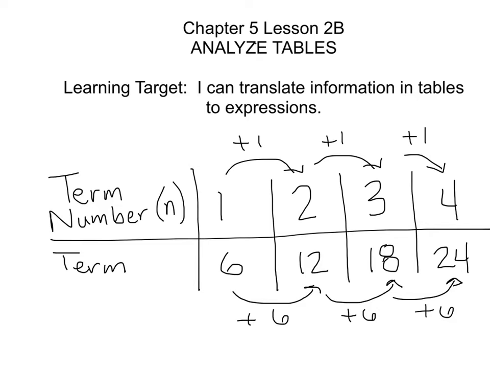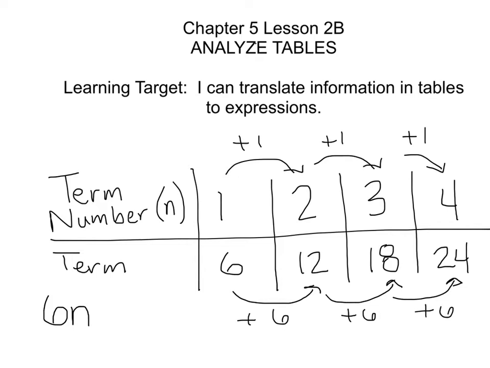This led us to determine that our expression is 6n. And the 6n means that we can find the term for any term number that's requested. For instance, if I ask you the 654th term of this expression, then you would multiply 6 times 654.